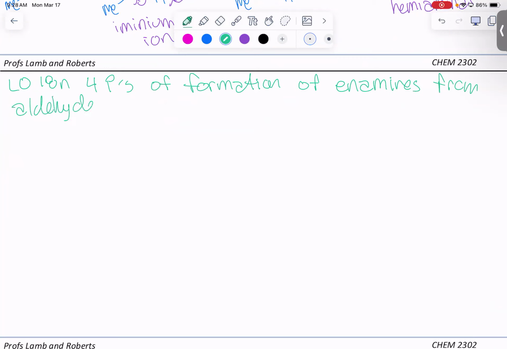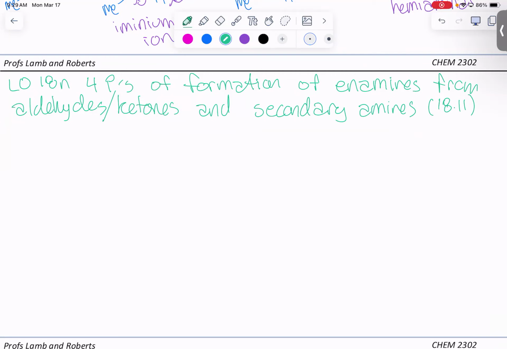So starting with the same functional groups as our starting material, and secondary amines. If you wanted to follow along, this is in chapter 18.11.